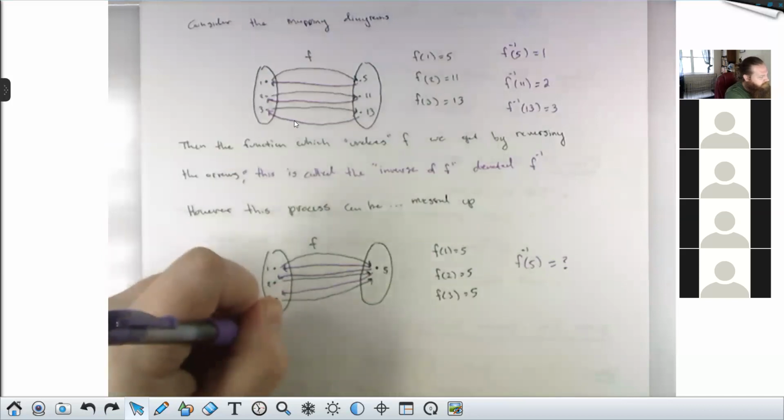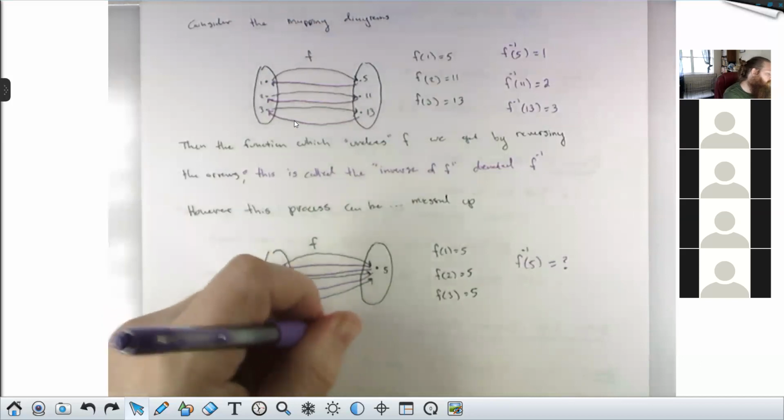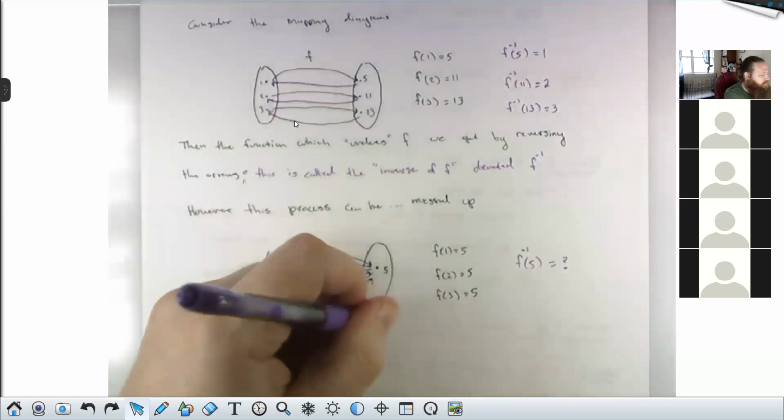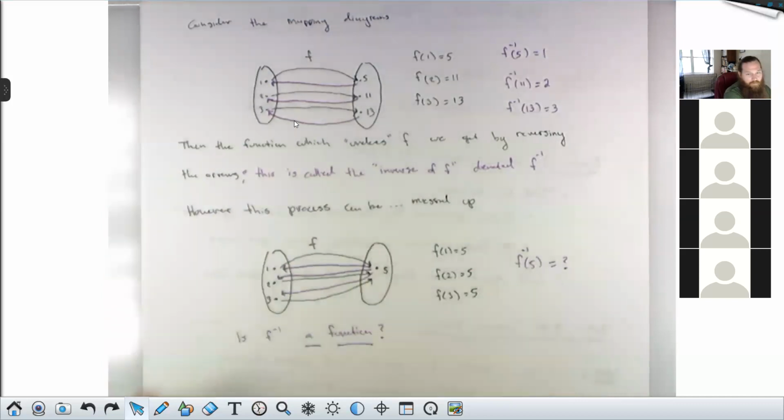Is f inverse a function? So is the purple mapping diagram, whose input space only has 5 and sends 5 to both 1, 2, and 3, is the purple thing here a function?